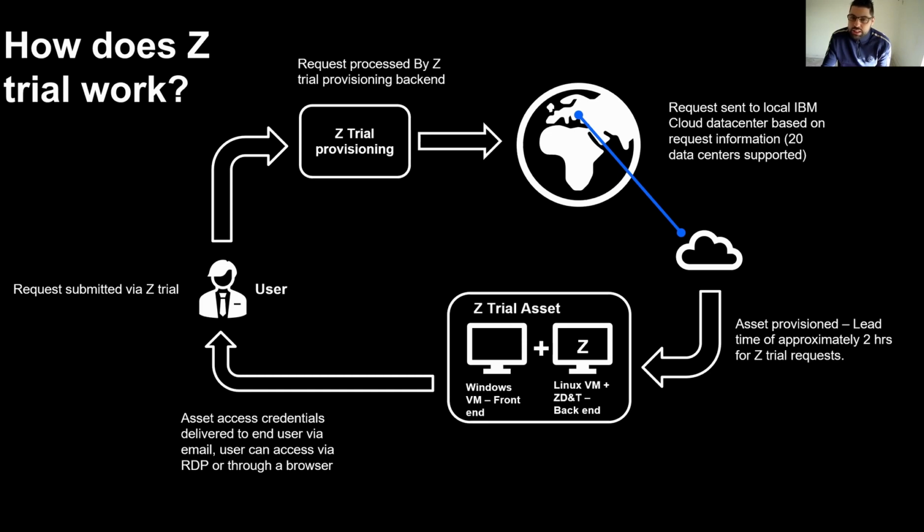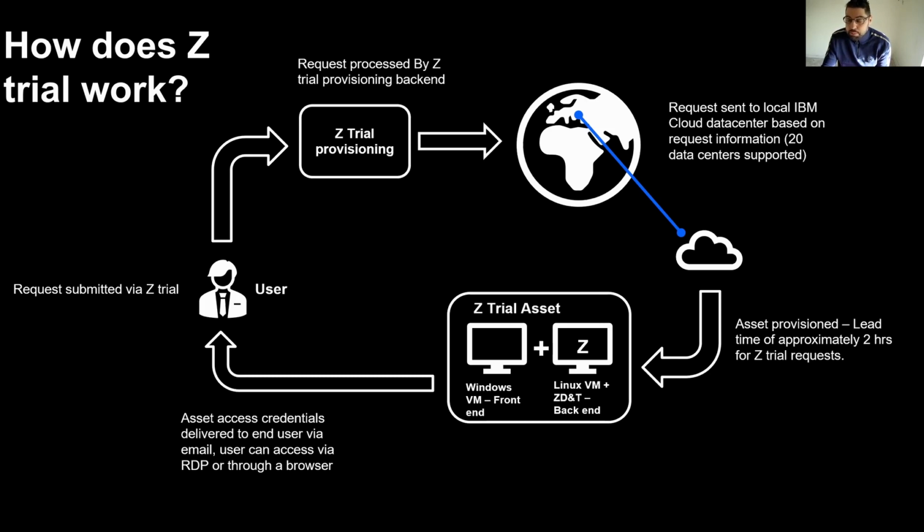And that asset is then provisioned, and that usually takes less than 1 hour, but we put a maximum on it of 2 hours, because now, whereas originally all of the Z trials were fairly simple in configuration, we do have some now that are a bit more complicated, that take a little bit longer to provision. And when we talk about an asset, that is what we describe as a single Z trial.